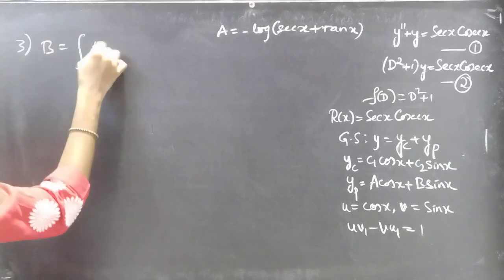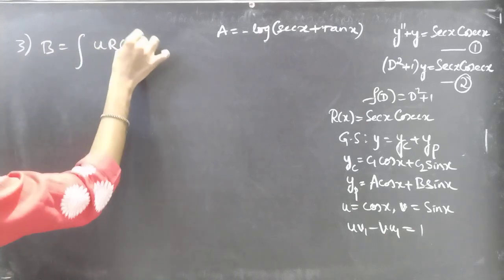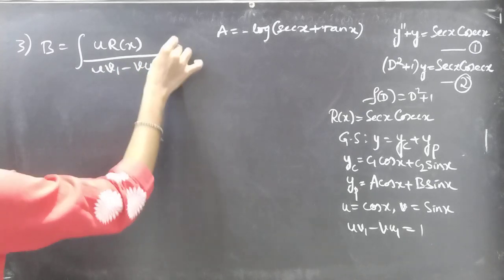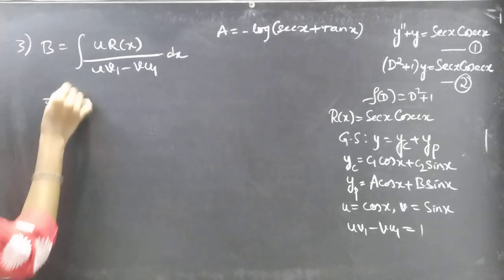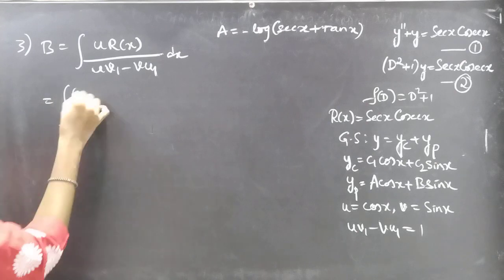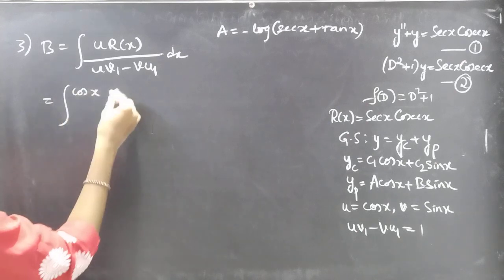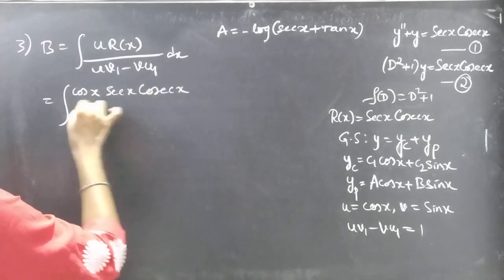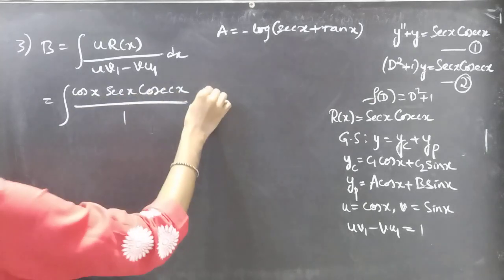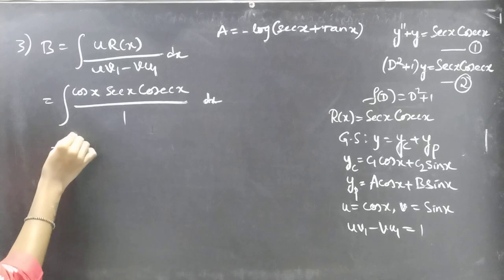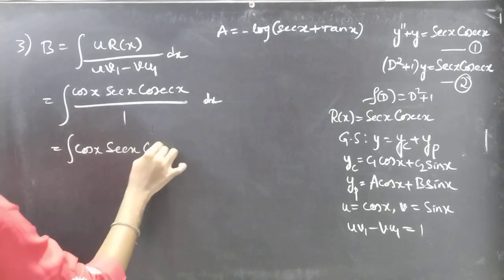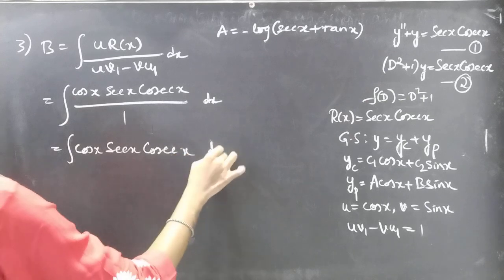B is given by the integral of u into r of x by uv1 minus v1 into dx. This equals u, which is cos x, r of x is secant x cosecant x, by uv1 minus v1, which is 1, into dx. This gives us the integral of cos x, secant x, cosecant x into dx.